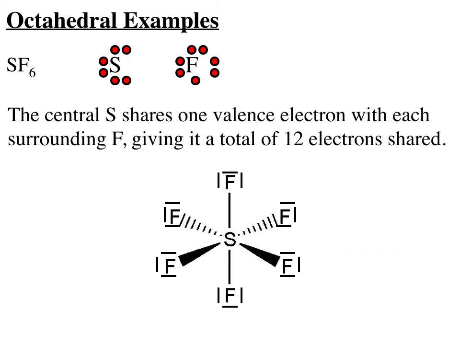Notice the 4 Fs in the equatorial positions each have 3 non-bonding or lone pairs of electrons around them. Then above that equatorial plane, I have an axial F above and an axial F below, 90 degrees apart from the equatorial Fs and 180 degrees apart from each other.